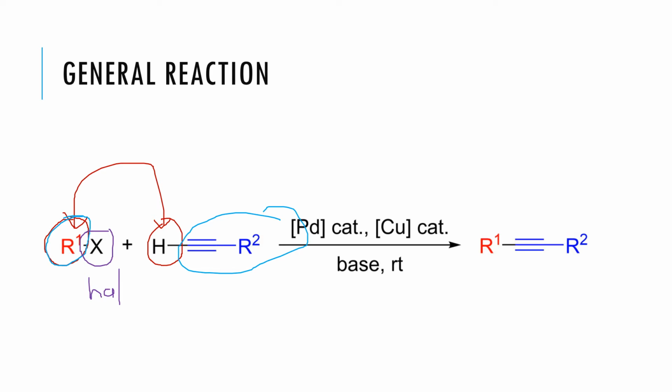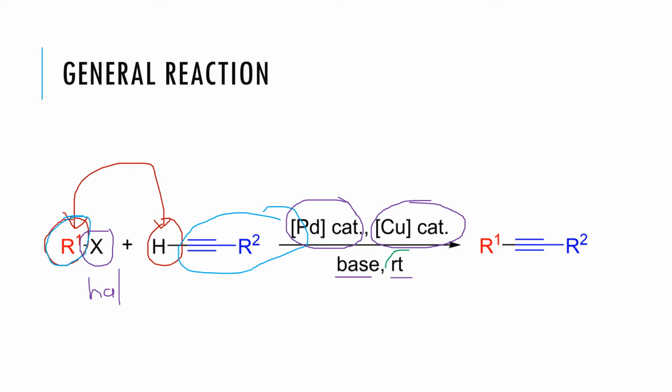What's interesting about this reaction is that it takes place through two catalytic cycles, one cycle involving palladium and the other cycle involving copper. So this reaction needs both catalysts to occur in the presence of a base and at room temperature.